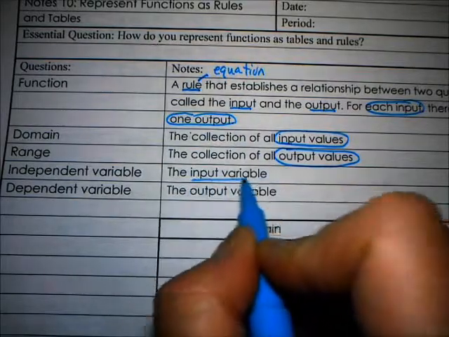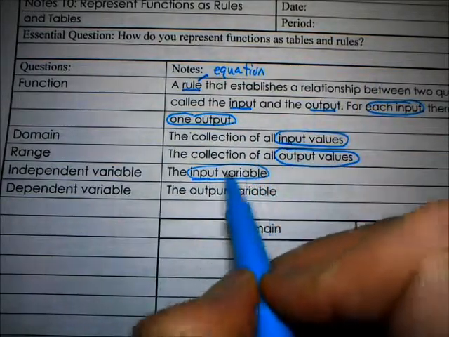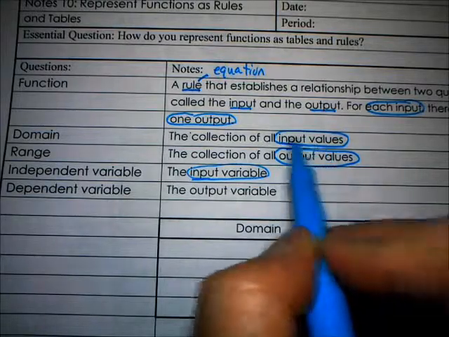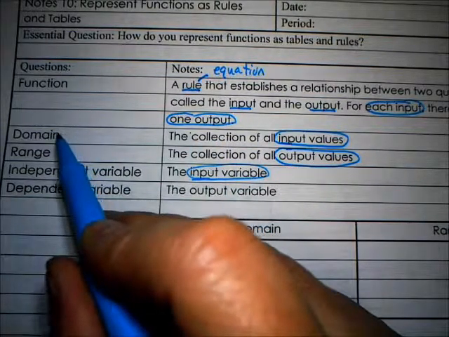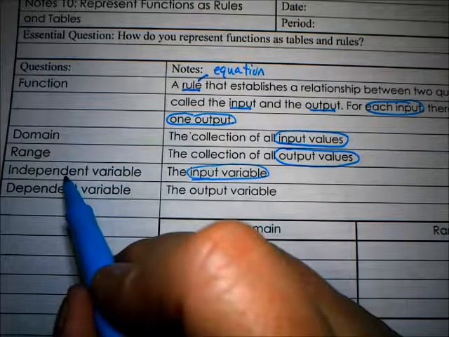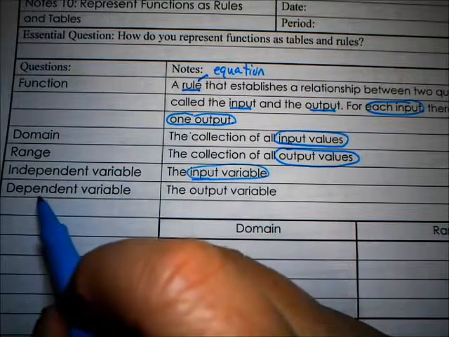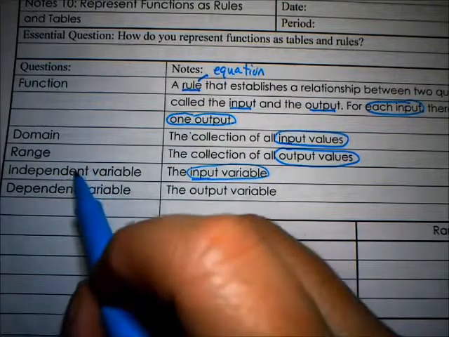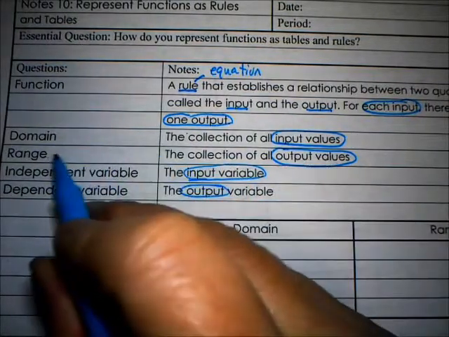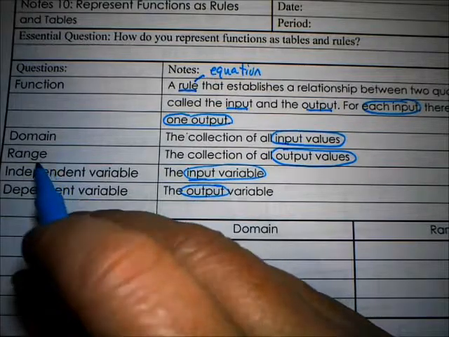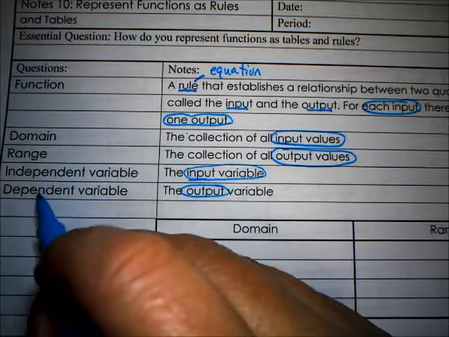The independent is the input variable, these are the input values which represent the domain. So they tie together. The input is the domain and the independent. The output is called the dependent variable because it depends on what you put into it. It is called the output variable, which is all the output values which represent the range. So the range is tied to the dependent variable.